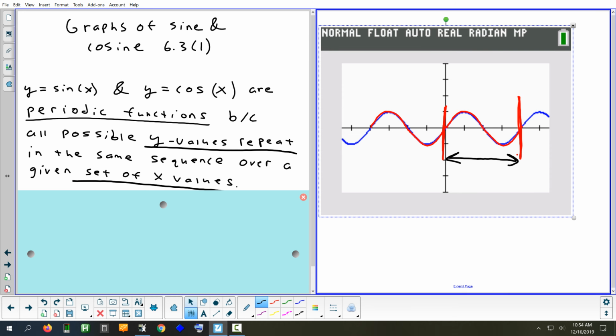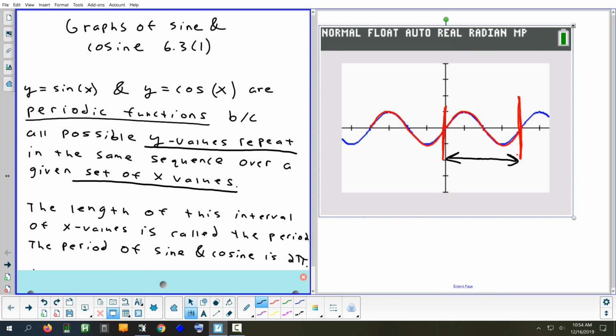Okay, and that's called a periodic function. Nothing else we've looked at this year has been periodic. Parabolas, square roots, exponentials, anything. Okay? Nothing has this pattern where it repeats over and over.